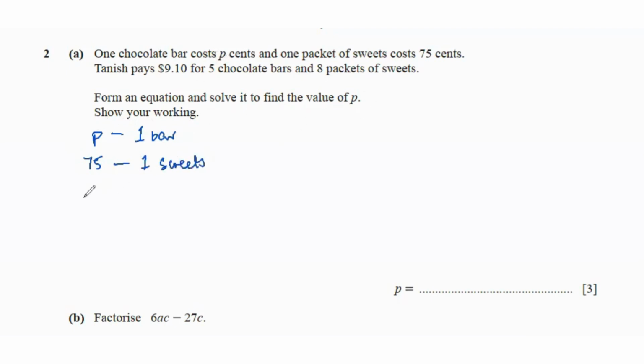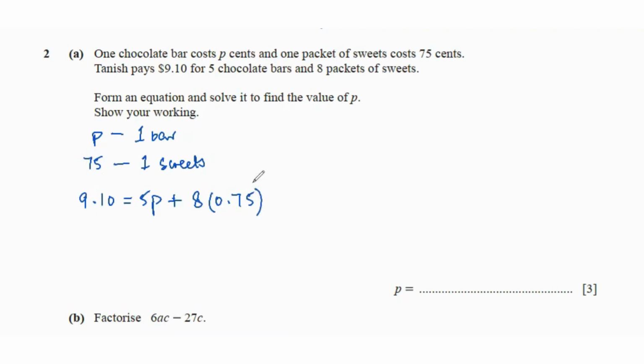Anush is paying 9.10 for 5 chocolate bars and 8 sweets. The reason why I'm writing 0.75 is because 9.10 is in dollars.